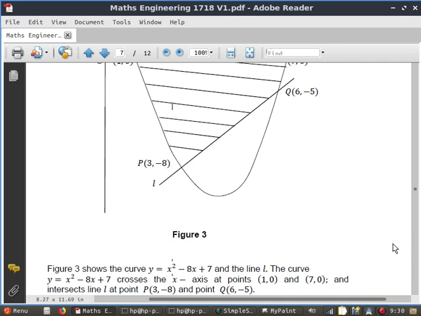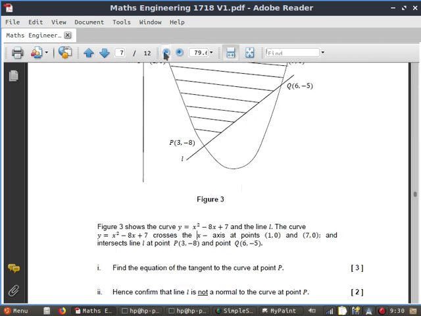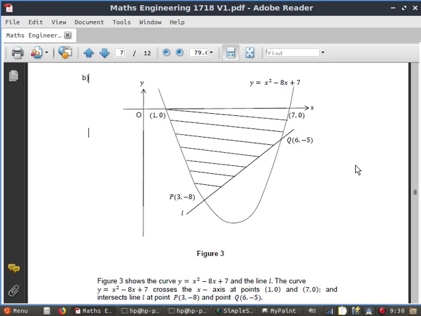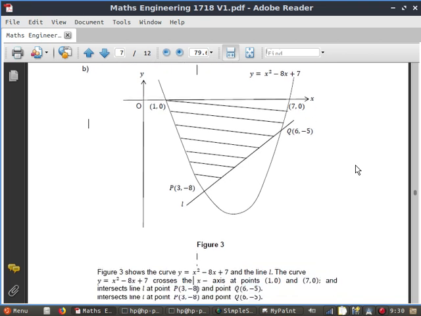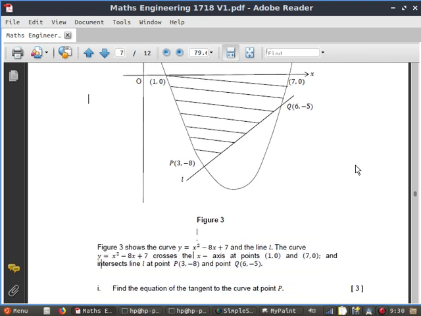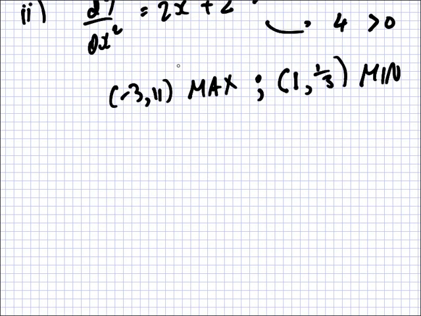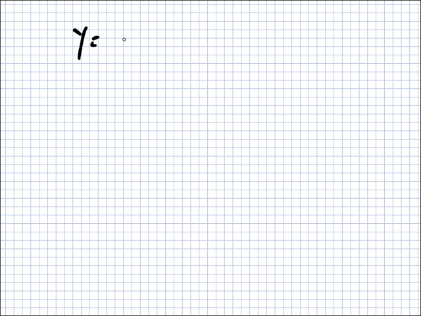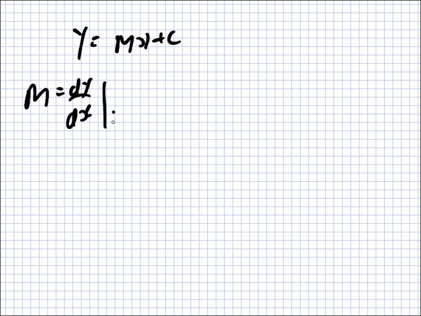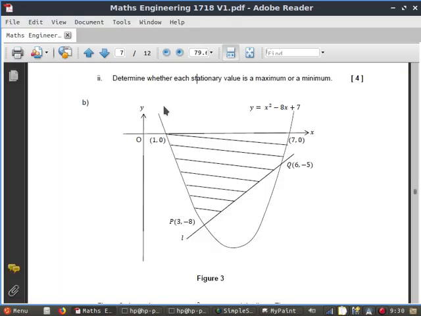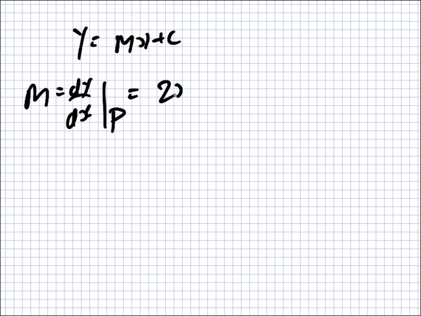Right, B part 1. We have this picture here, and what do we want? We want the tangent to the curve at P, and here's P. It's y equals mx plus c. The m is dy/dx at the point P. dy/dx is 2x minus 8.